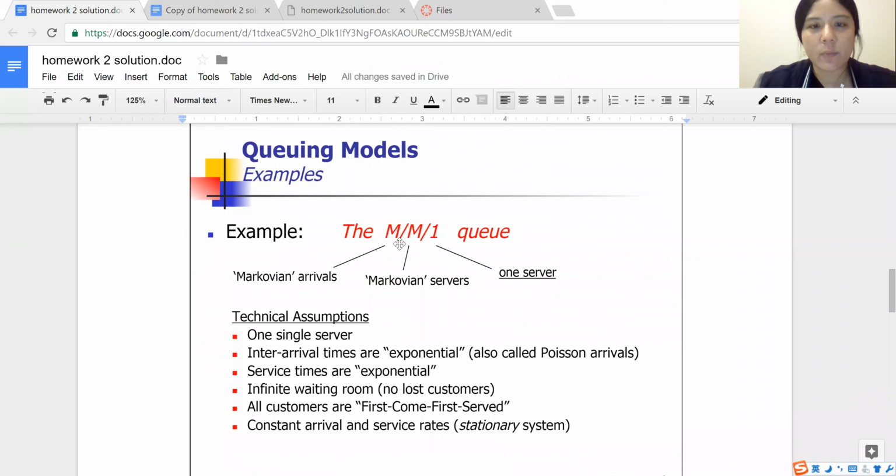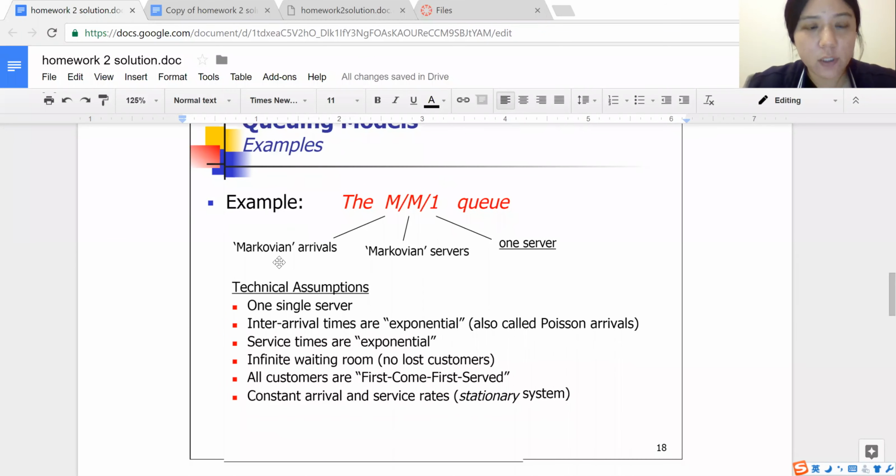So we know the M/M/1 queue, right? The first M is the arrival, so it describes the arrival type, and the second M describes the server type, and the 1 here represents the number of servers.